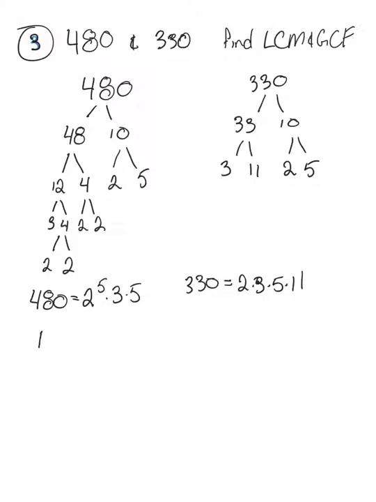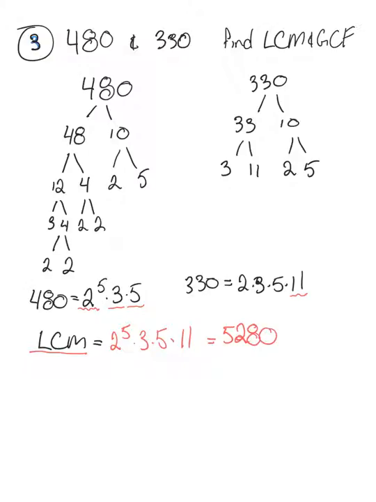So the LCM, as we've stated before, is the highest power that appears. So the highest powers that appear would be 2 to the 5, 3 to the 1, 5 to the 1, 11 to the 1. So it equals 2 to the 5 times 3 times 5 times 11, which is 32 times 3 times 5 times 11, which would equal 5,280.